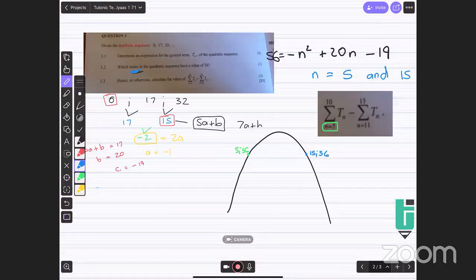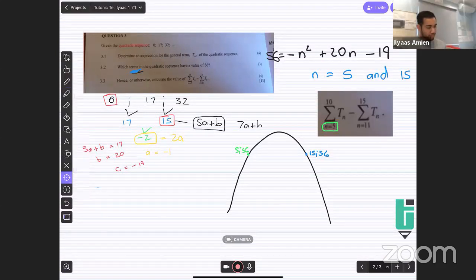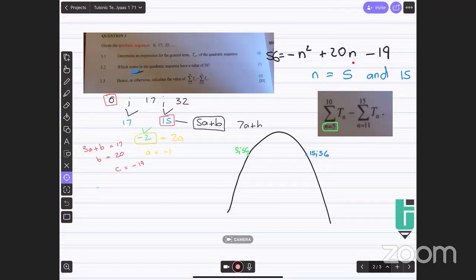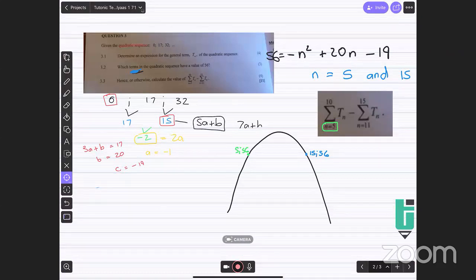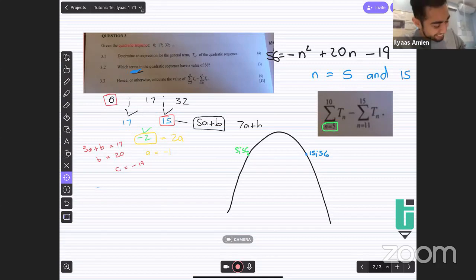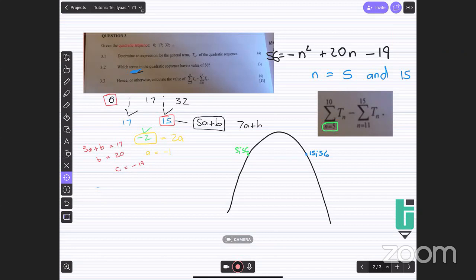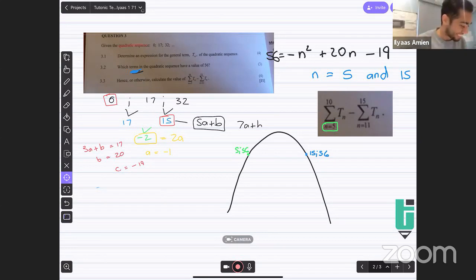No, it's the term number of 56. That's the x value. The n is the x in the equation. So they are asking you... Wow. Okay. It's really exciting.